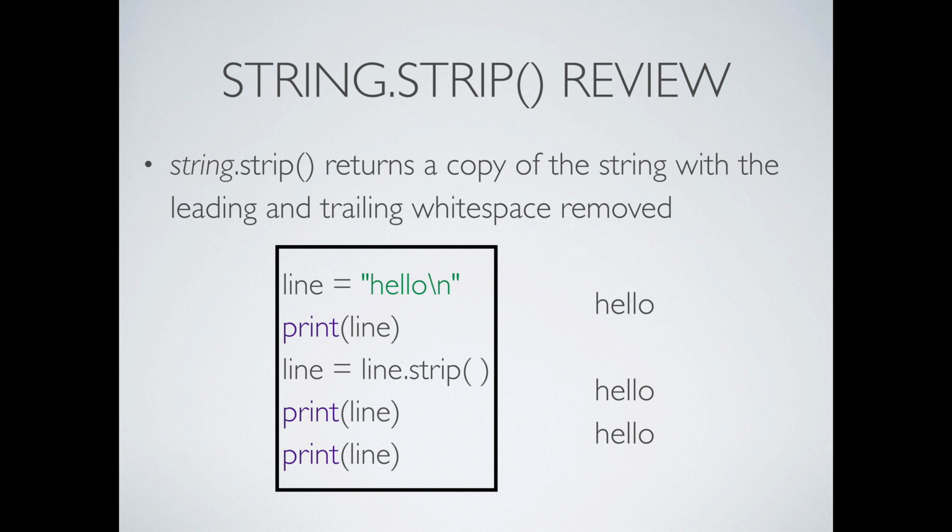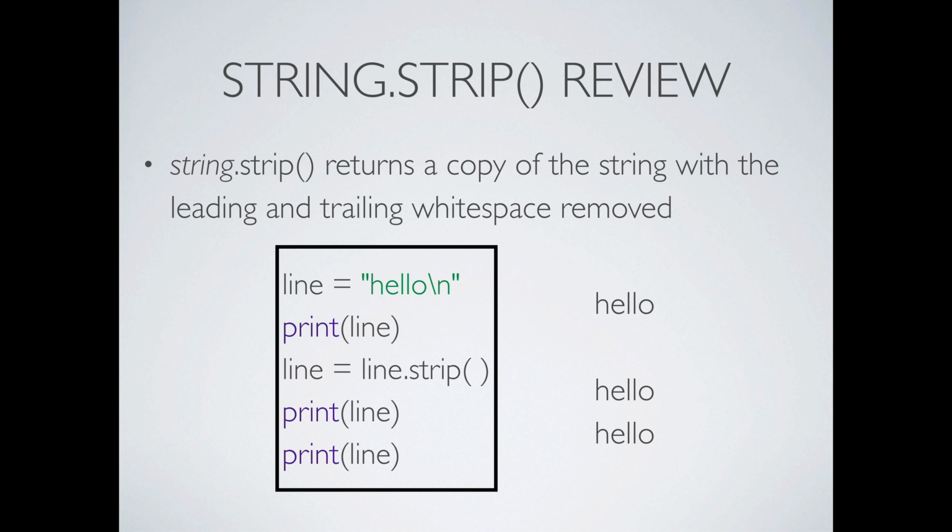So string.strip returns a copy of the string with the leading and trailing white space removed. White space is anything like a new line character, a space character, a tab character, anything like that. And if you call .strip, it will get rid of that white space. So here's an example. We have a line, which is a string.